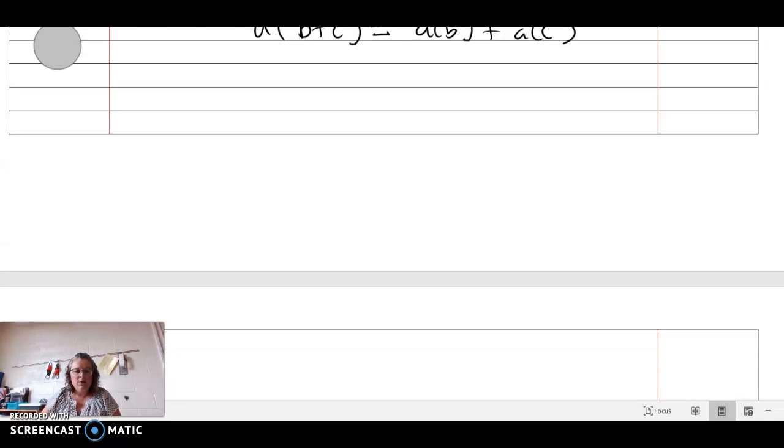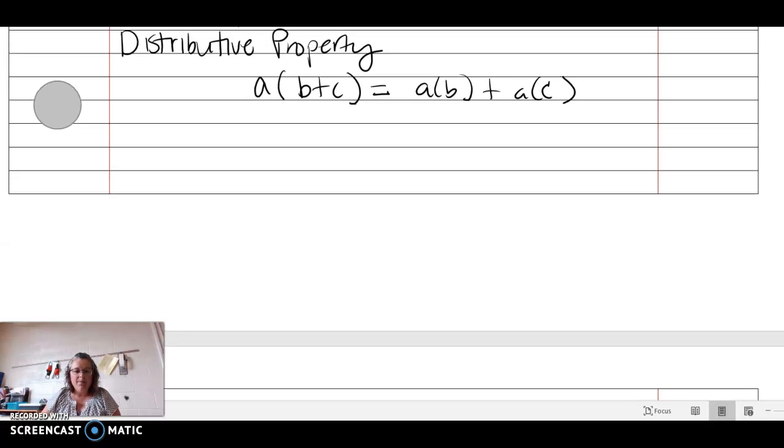Okay, so to continue where we left off, the distributive property: you can take a times the quantity b plus c, so you get a times b plus a times c. You can actually do this backwards too.